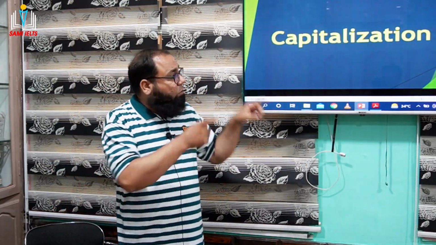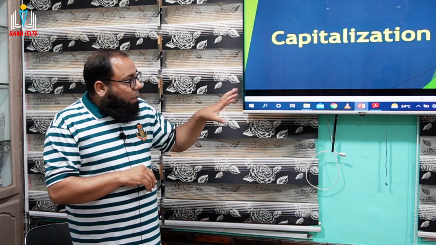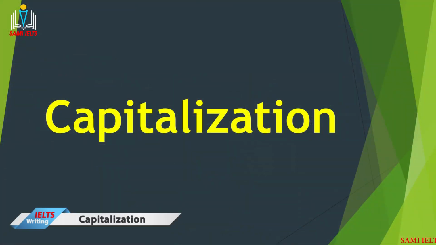The first area is called TA, second is CC, third is LR, and the fourth is GRA. This GRA really plays a big role, and this video will help you a lot to get a grip on GRA and get the maximum bands in grammatical range and accuracy. Let's start now, guys. Capitalization.